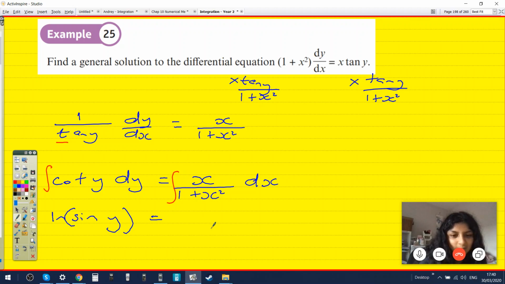I just did x multiplied by 1 over 1 plus x squared. So when you integrate the x, you get x squared over 2. But I don't have to integrate x squared plus 1. You told me some trick. Oh, the derivative of the denominator is 2x. You have to multiply by 2, and then multiply by half. And then you can just do ln of 1 plus x squared.